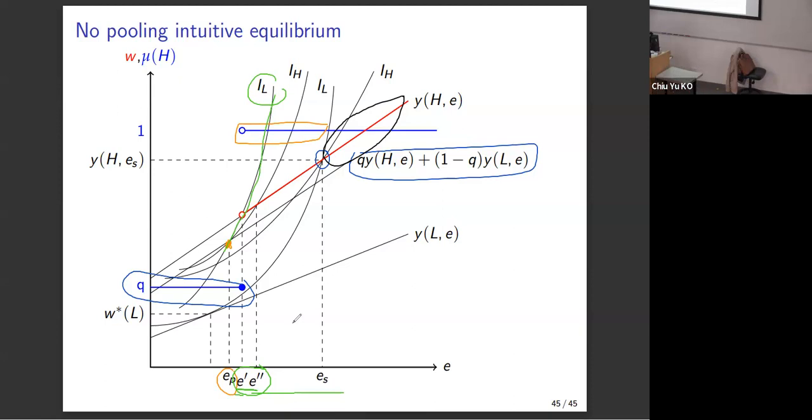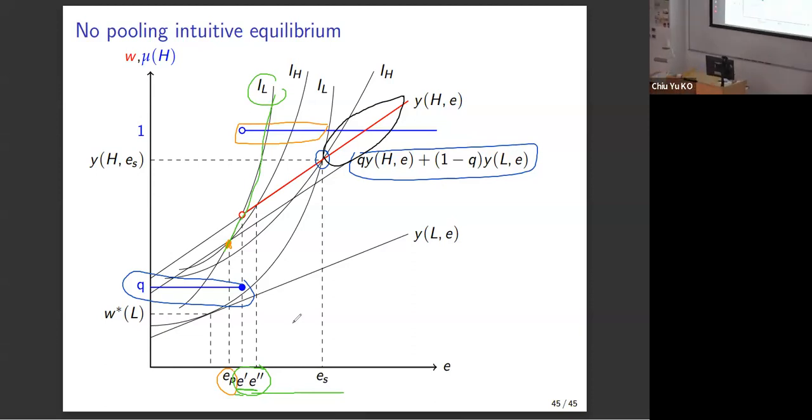Why? Because the low type, the best case scenario is no better than that, right? The low type cannot pretend to be me. If he does that, he'll be crazy. Even though you believe he is high type, he is worse off, right? Because the low type is here. Getting this education, even with a higher salary, will be worse than that. That's the worst part.